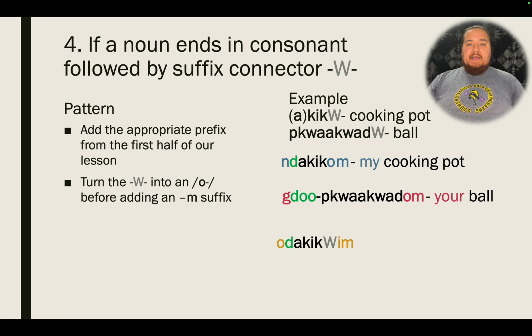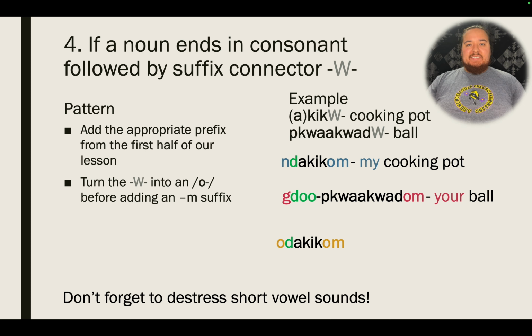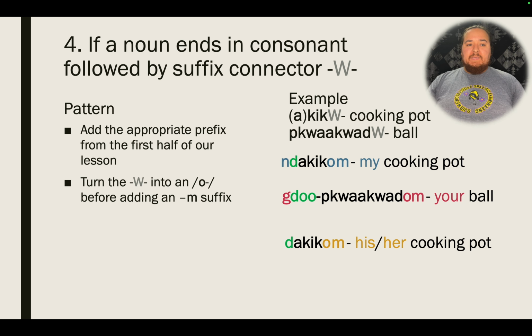The W and the I are going to morph together to form an O sound. Again, don't forget to de-stress our short vowel sounds. In this case, it's the O sound in front. So, dakikum for his or her cooking pot. So that's how we go from kick, cooking pot, to dakikum, his or her cooking pot.